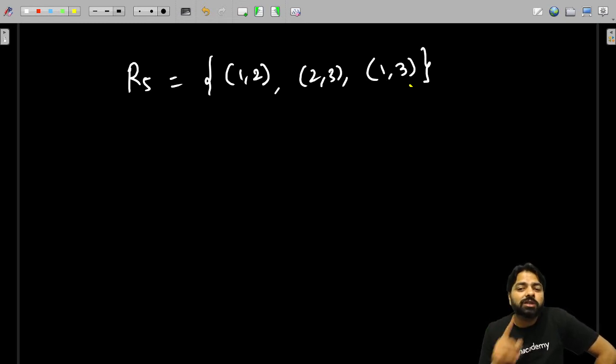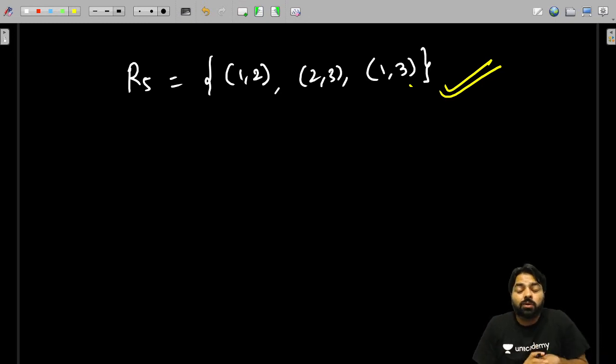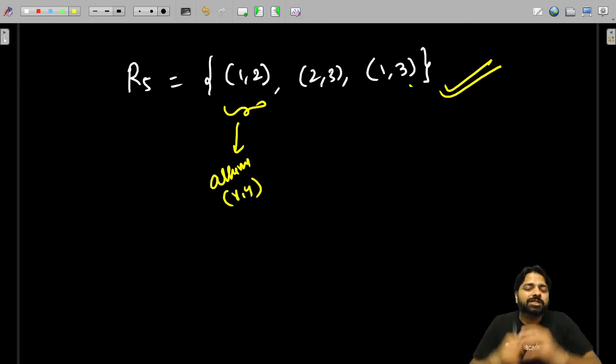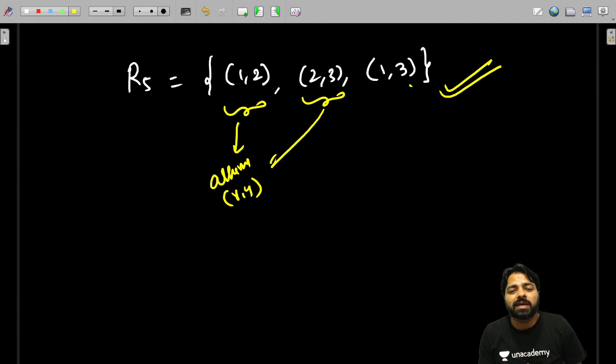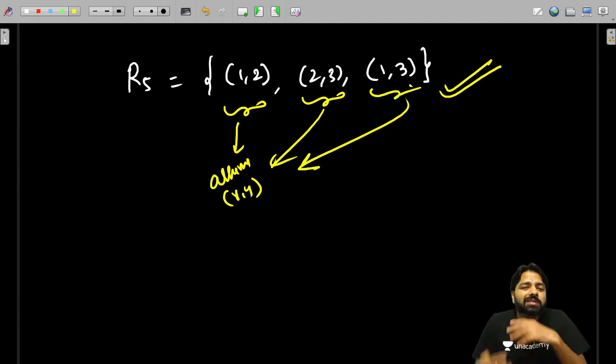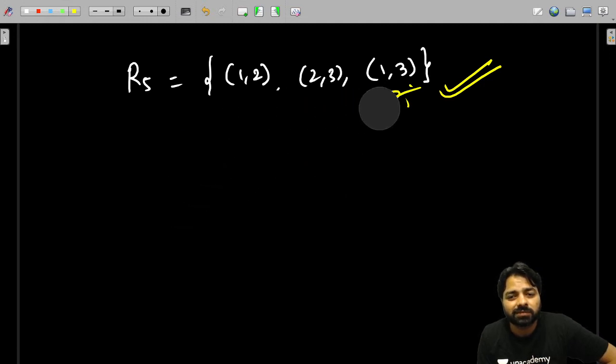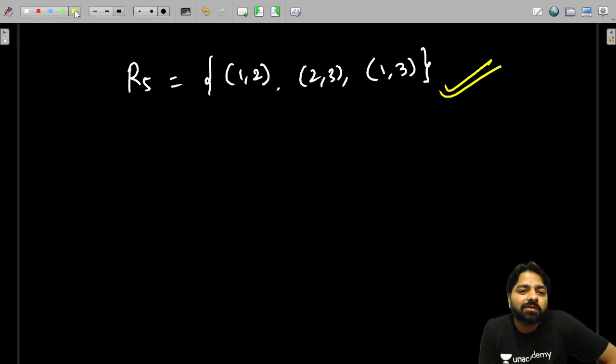So this is how you need to check the transitive relation. Don't blindly check, don't do random checks, which is going to waste your time. So assume this is x comma y and check for all y comma z in this relation. And always check for where is y comma z. If there are so many y comma z, take them individually and verify. This is the best technique for transitive.